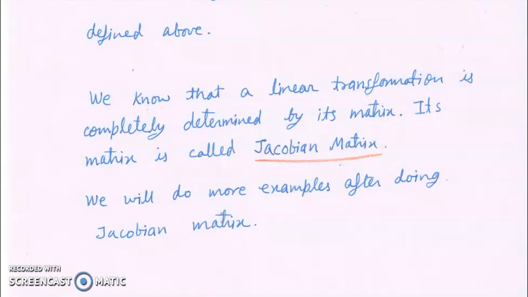And we will do more examples of this derivative after doing the Jacobian matrices. Now before that we will do some observations. So we will do the observations in the next lecture.